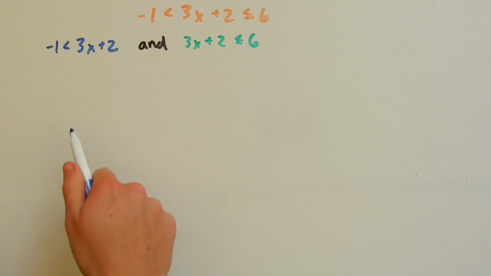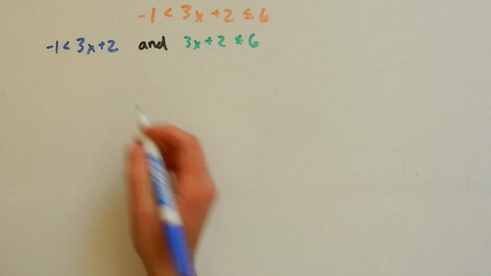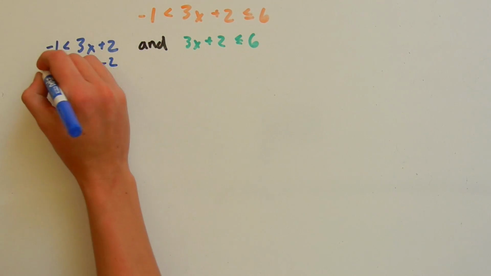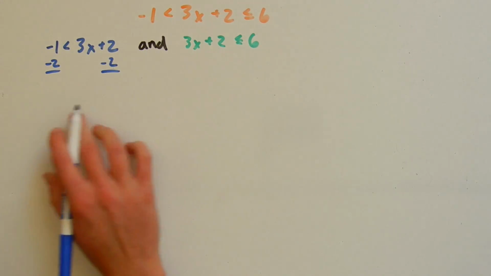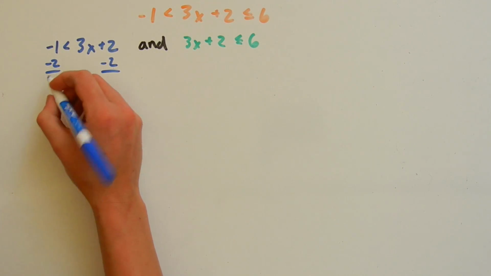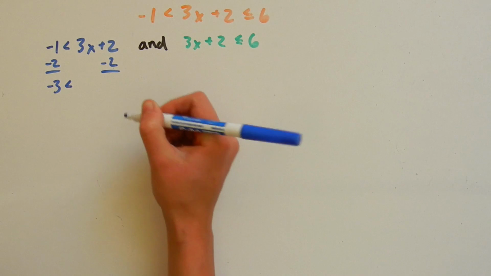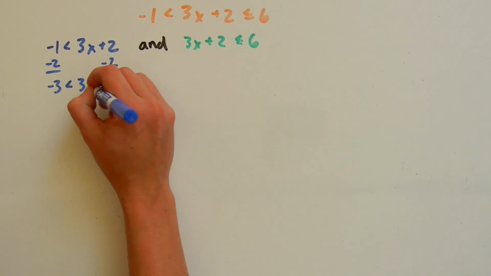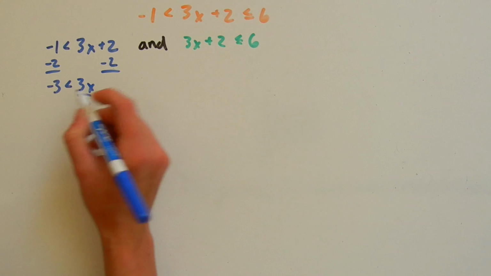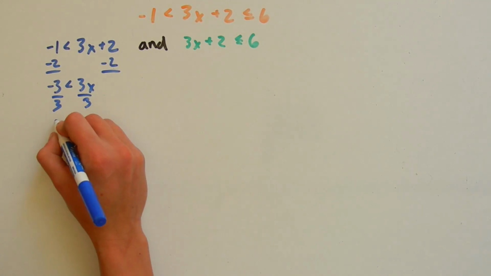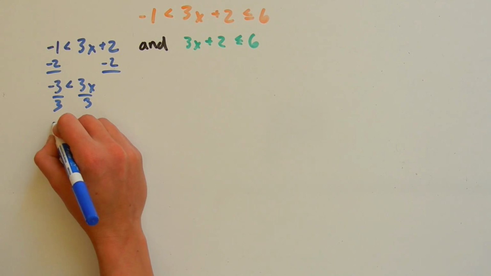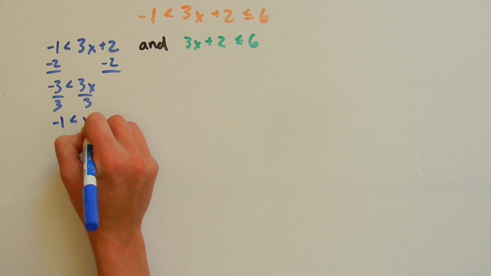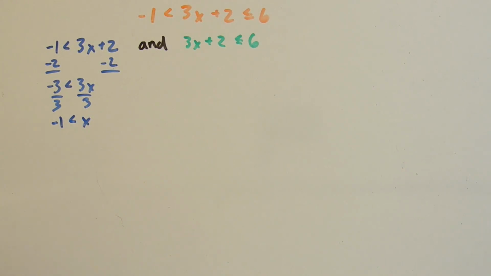So let's solve the left, and then we'll solve the right. So let's subtract 2 from both sides. Negative 1 minus 2 is negative 3. 2 minus 2 is 0, so negative 3 is less than 3x. Divide by 3, we have that negative 1 is less than x.